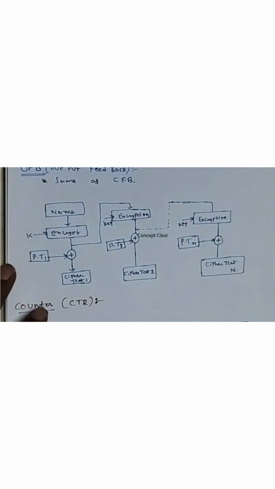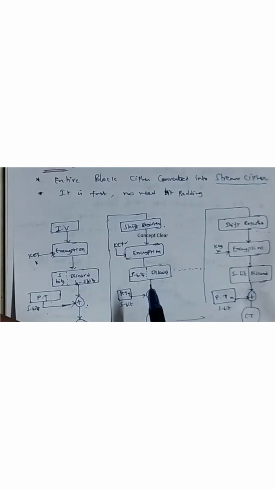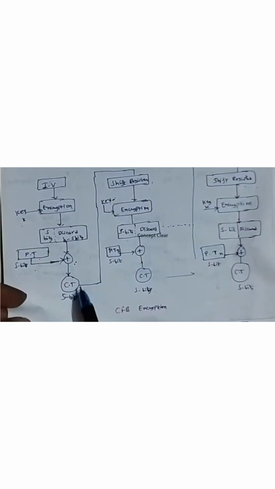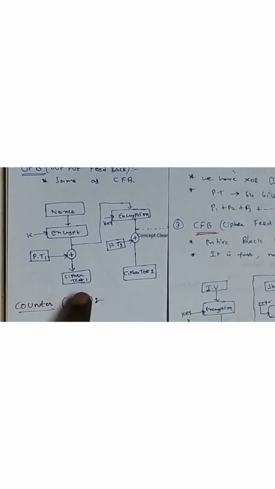In the previous one, CFB, the ciphertext is taken as the input to the next round. But here we will not take the ciphertext. We take the encrypted data as the input to the next round.